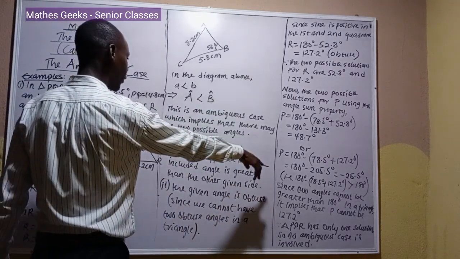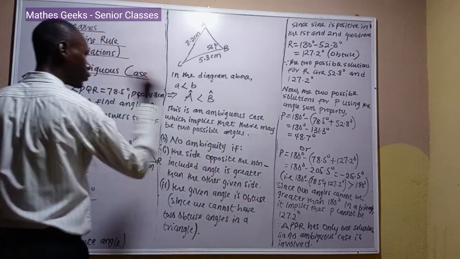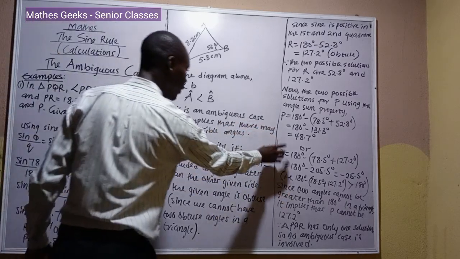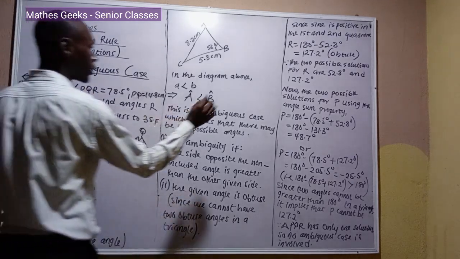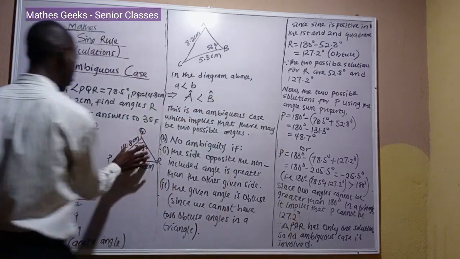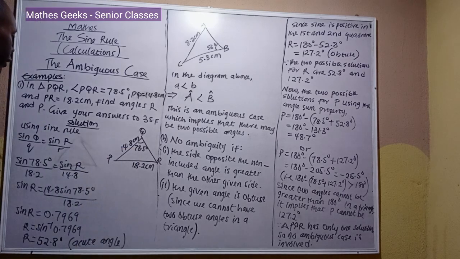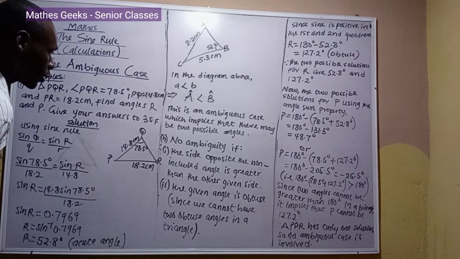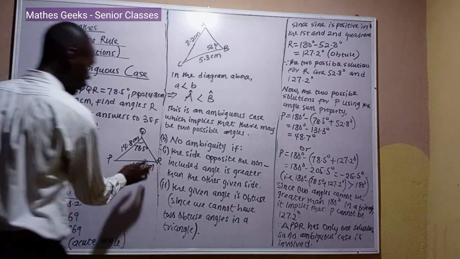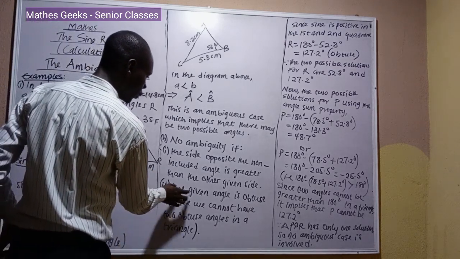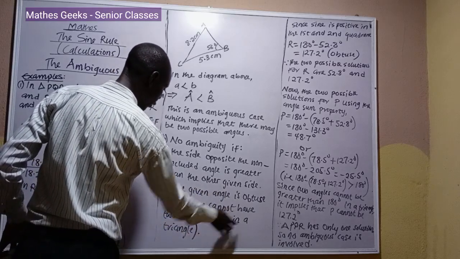So since P does not have an obtuse angle as R has an obtuse angle, it shows that this triangle with these angles and side given is not one that involves the ambiguous case. Now this one fulfills the condition too. The given angle is obtuse since we cannot have two obtuse angles in a triangle.